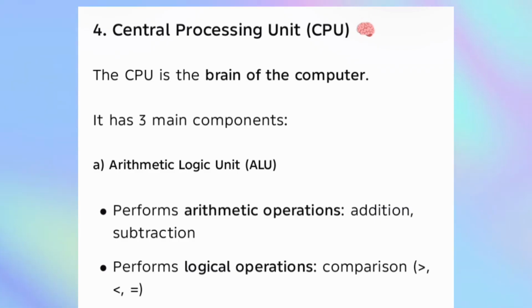Central processing unit: the CPU is the brain of the computer. It has three main components. Arithmetic logic unit, ALU, performs the arithmetic operations, addition and subtraction, and the logical operations, which are comparisons like greater than, less than, or equal to.